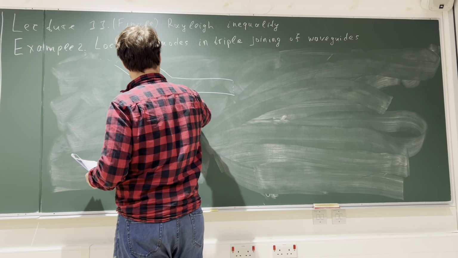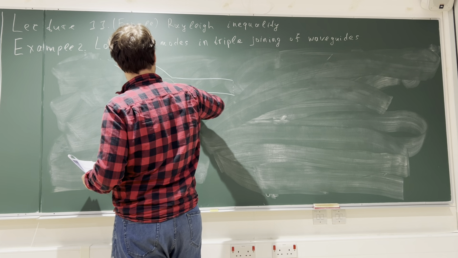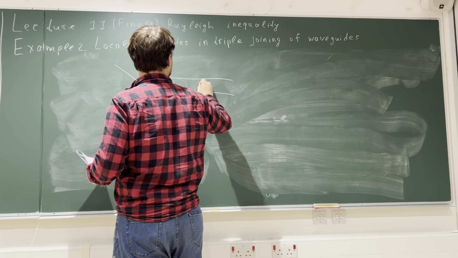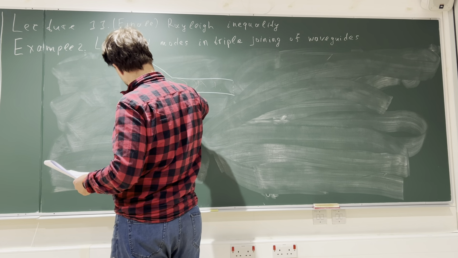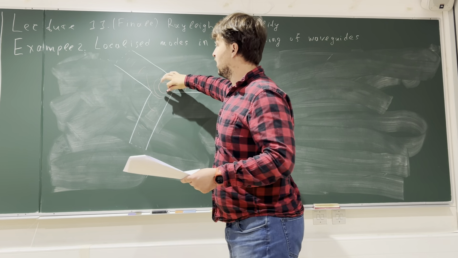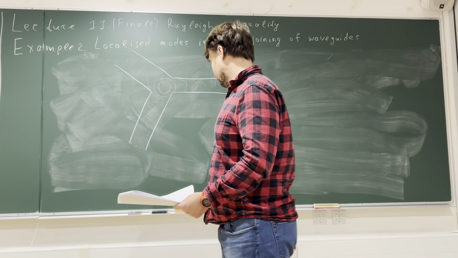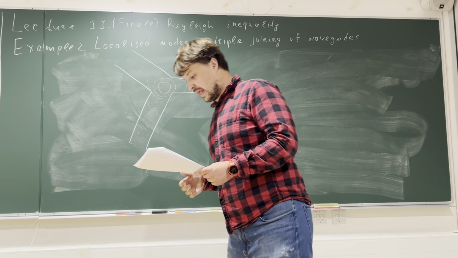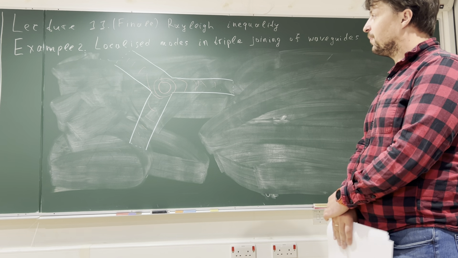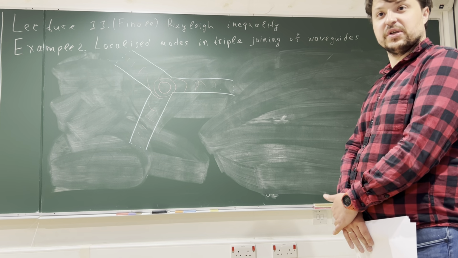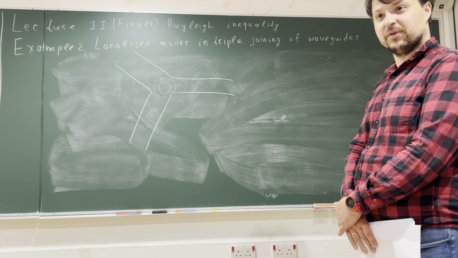This mode will be symmetrical and localized, exponentially decaying here. It's like one big node here and decaying exponentially in all three directions. And this is quite a nice thing to prove because there is no other way to do it.